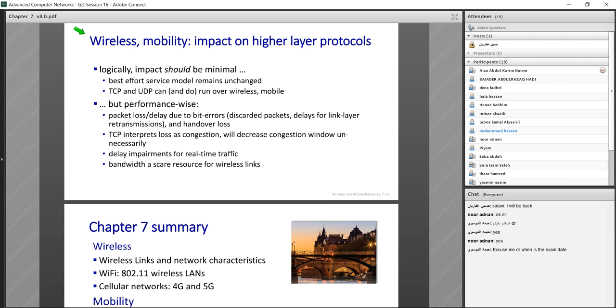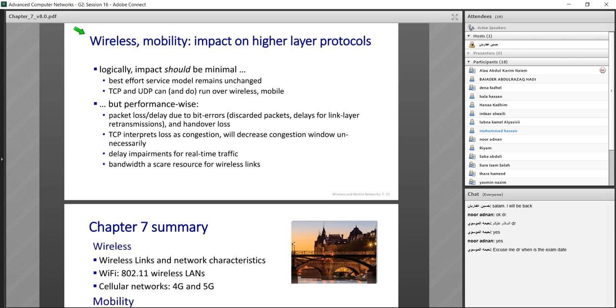But we know that this is not easy. Why? Because when I'm moving from one network to another network, it's possible to lose some information, some packets. It's possible some packets receive errors, bit errors, some delays.